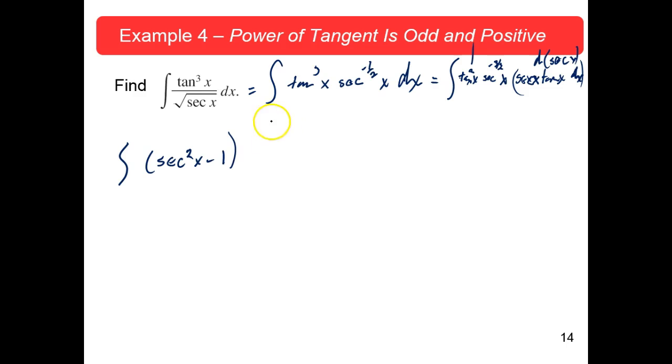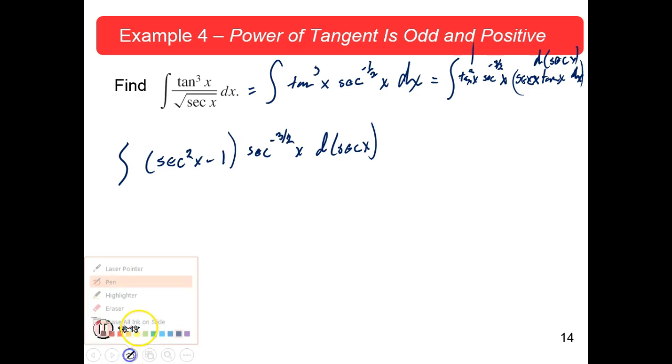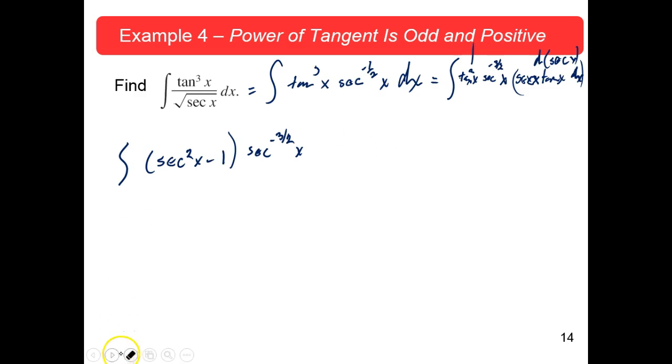Okay. This is multiplied by secant to the negative 3/2 x, and then I'm just going to write this as d of secant x. If that isn't comfortable for you, we can write that as secant x tangent x dx.